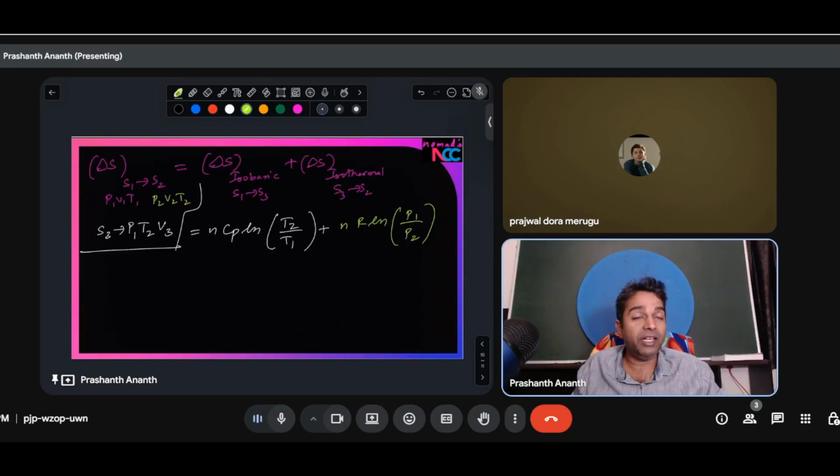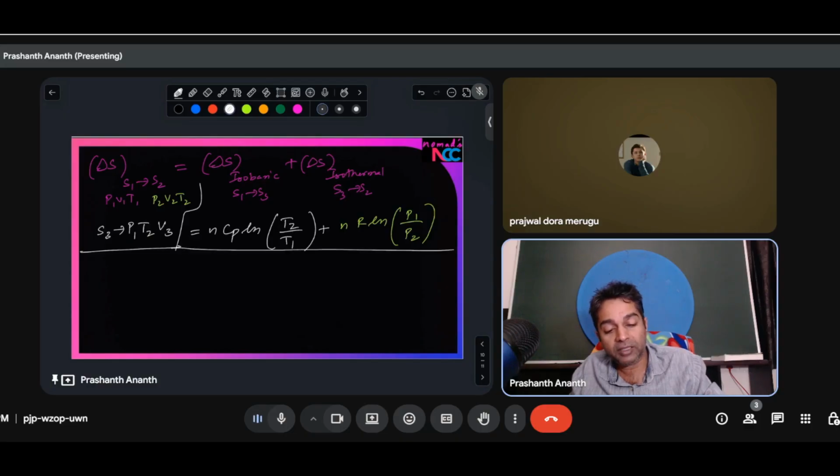So you're going to have this as one path over here, or we can actually put another path completely. In the second path, what we are going to have is delta S going from S1 to S2 again, same S1 to S2, P1 V1 T1 to P2 V2 T2. I don't care what path it is taking, anything is allowed there.